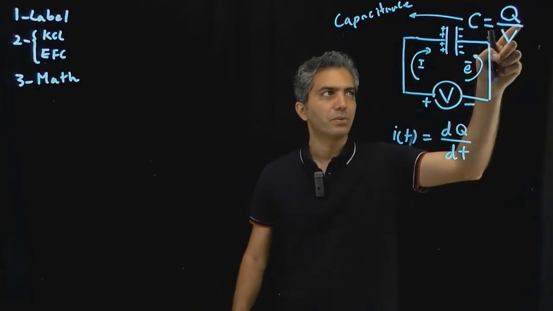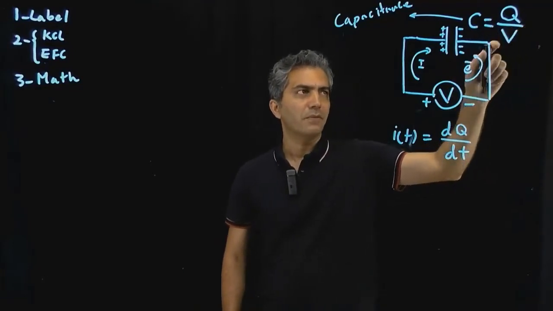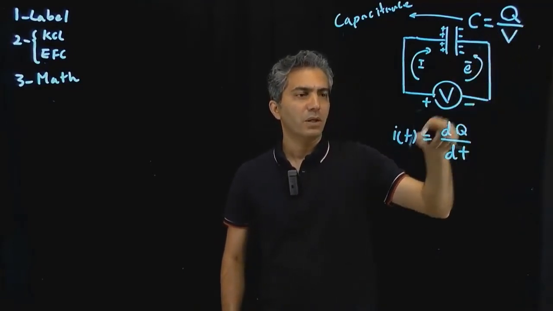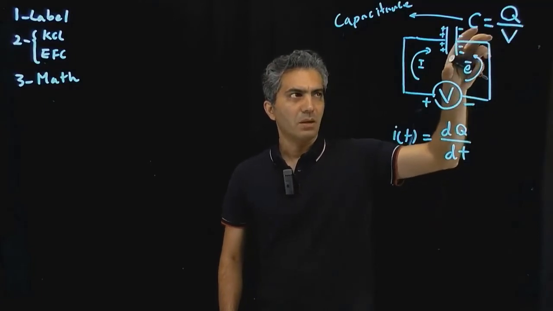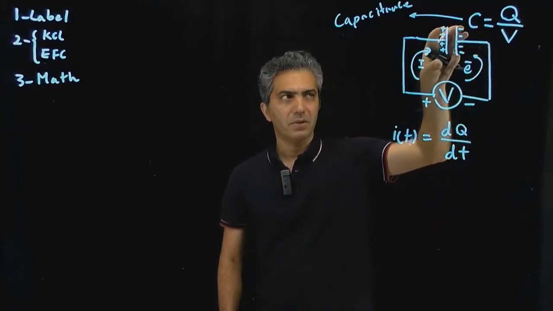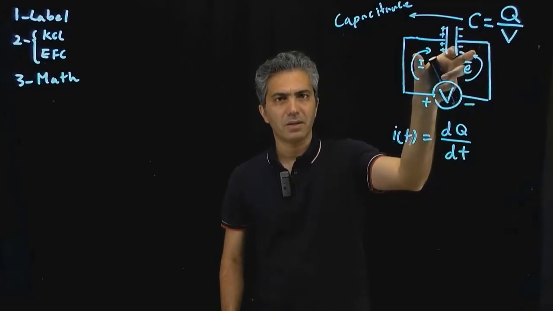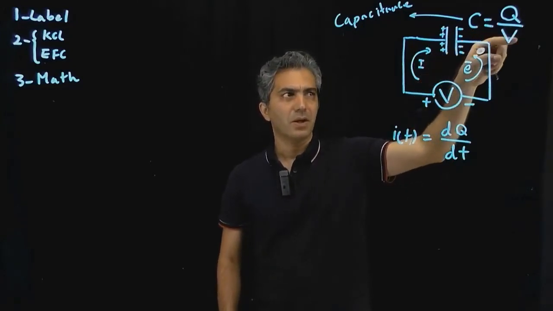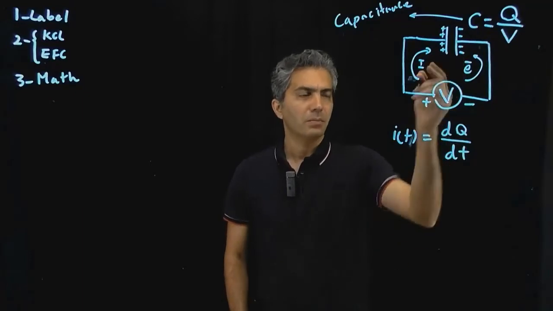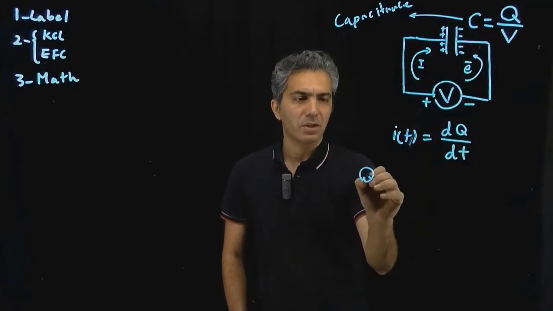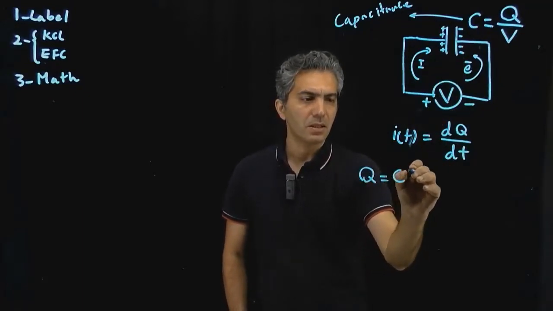Now, if I'm looking for an equation that gives me the functionality of this component in terms of the voltage applied across it and the current passing through it, I'm going to rewrite that Q is equal to CV.